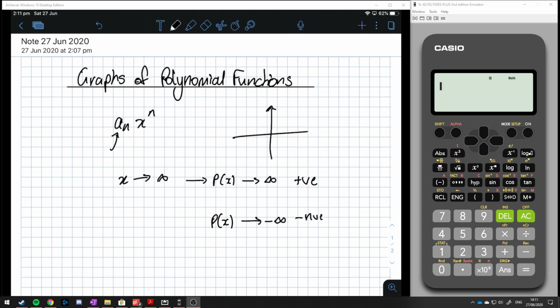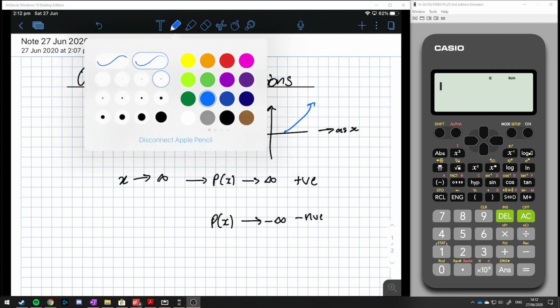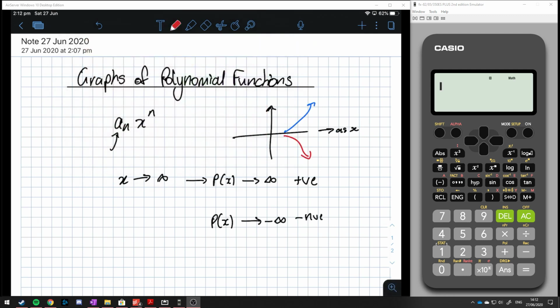So we'll have the Cartesian plane, so as x goes this way, blue for positive goes up, something like that, and red for negative goes down, okay? So the graph is going to go one way or the other, depending on the sign.